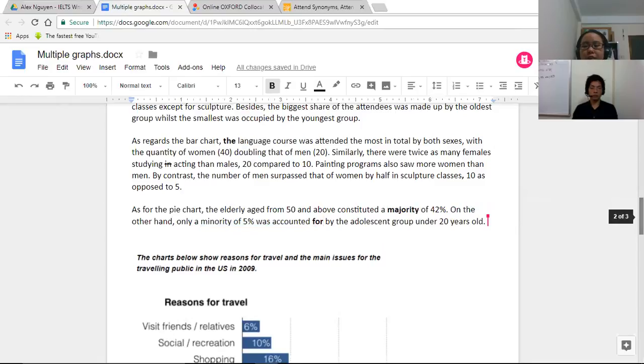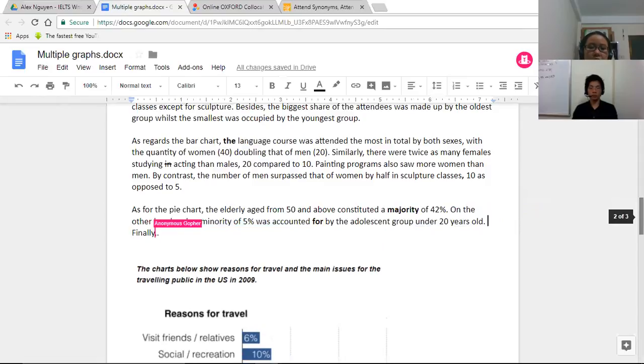And actually, when you talk about adolescents, it can be over 20, in their 20s. So you have to clarify this one here. Yes. So for the pie chart, the elderly constitute a majority of 42%. On the other hand, only a minority of 5% was accounted for by the adolescent group. Yeah, very good. Now we need to move on.